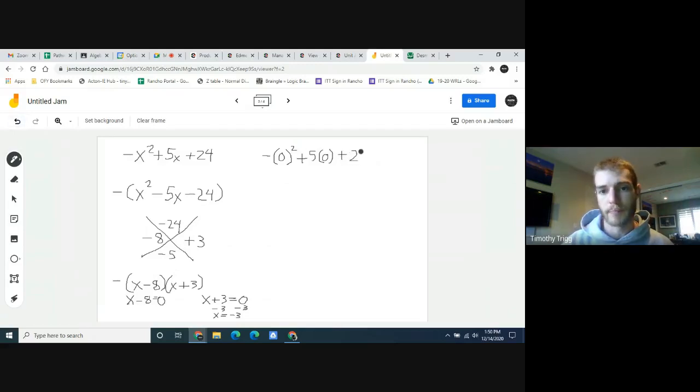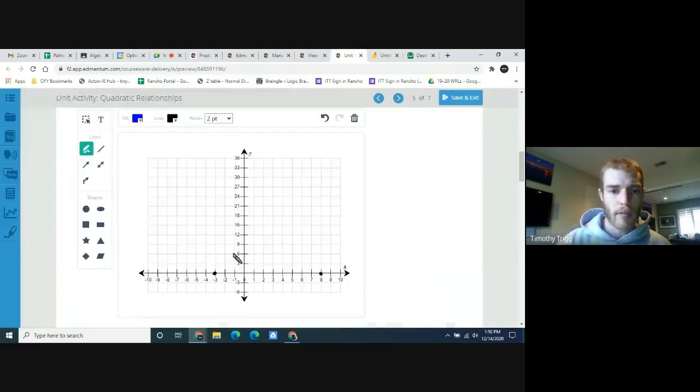You can see if I replace the x's with 0, this goes away, this goes away. So the y-intercept is 24, and we'll call it (0, 24). Y-intercepts are always (0, something). So this is our y-intercept. We'll go ahead and graph it, (0, 24).